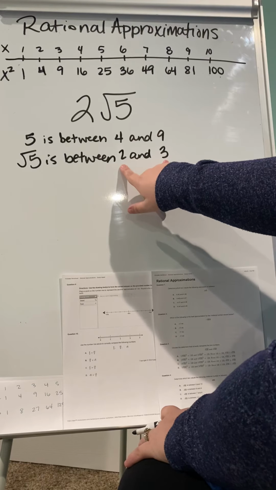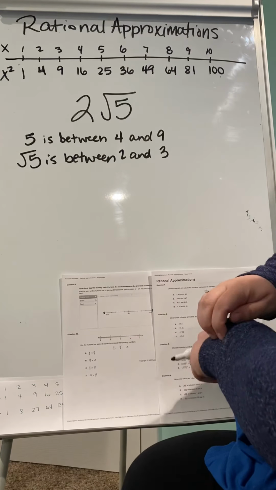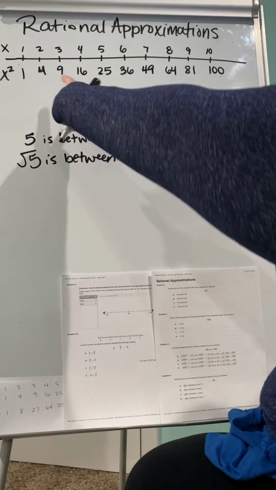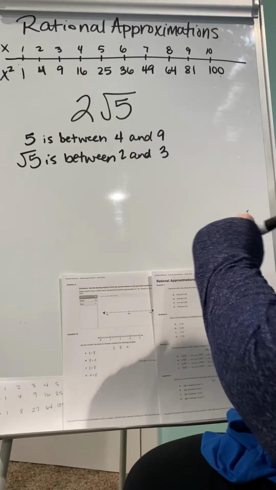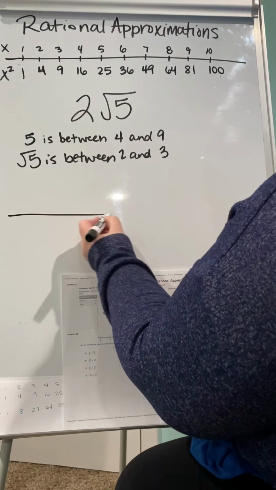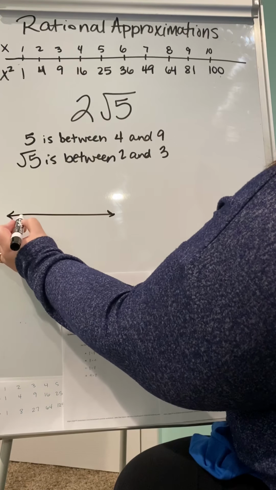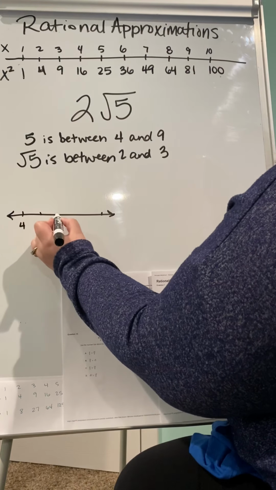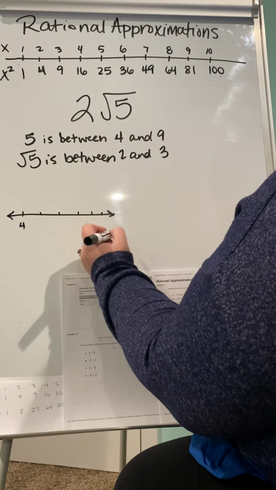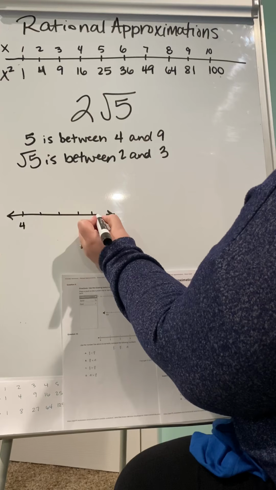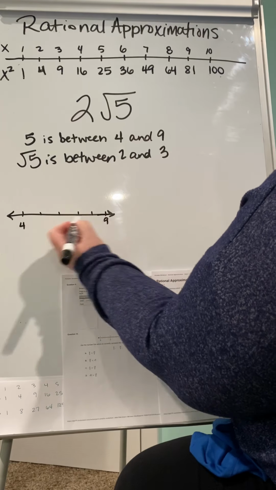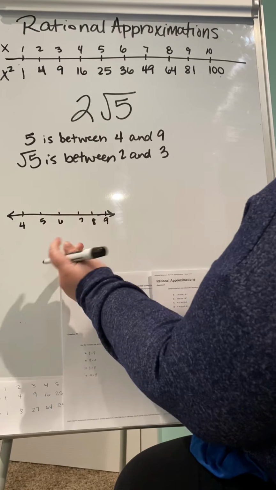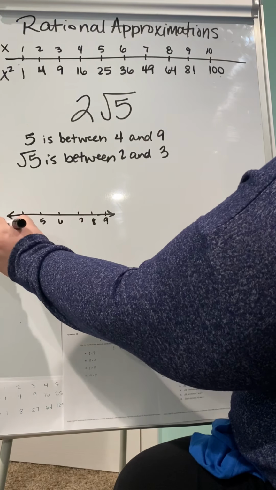So now I need to narrow that down a little bit further, like we did earlier. I know 5 is closer to 4 than it is to 9. I'm going to spread this out a little bit. If I had the number 4 and the number 9, we have 5, 6, 7, 8, and then 9.